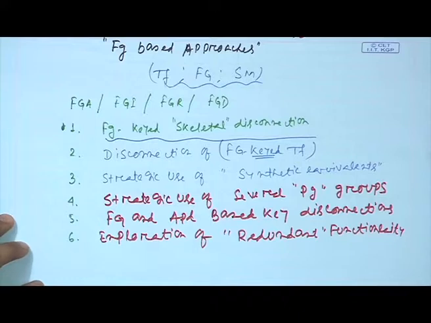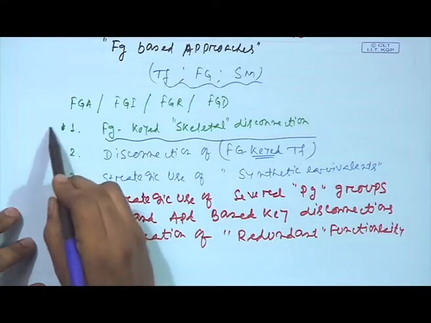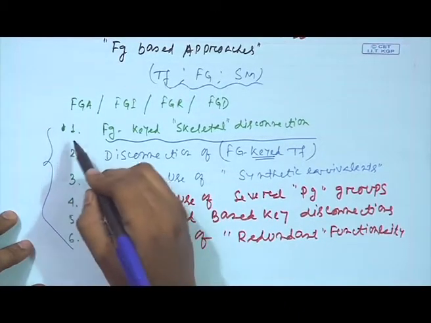Let us say the target molecule is a hydrocarbon. You cannot think about any reaction on a hydrocarbon, so you take a starting material which has a functional group, and then remove that functional group to access your target molecule. That functional group is named redundant functionality, as it is not present in the final target molecule. We will focus our discussion on these 6 topics.